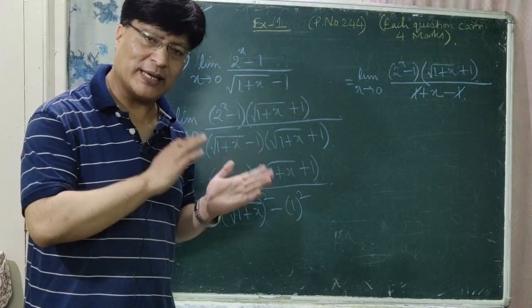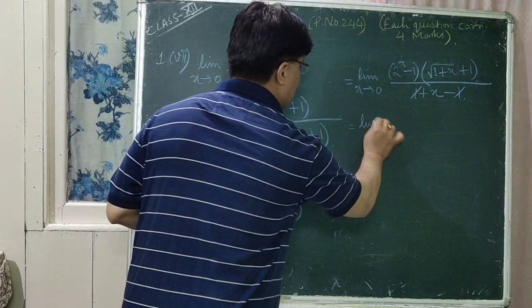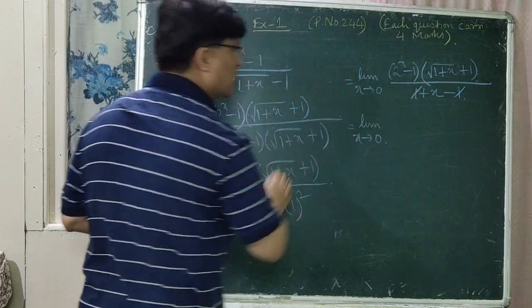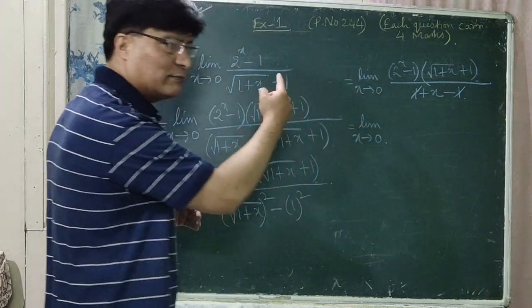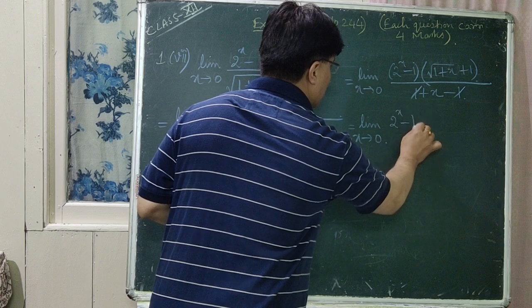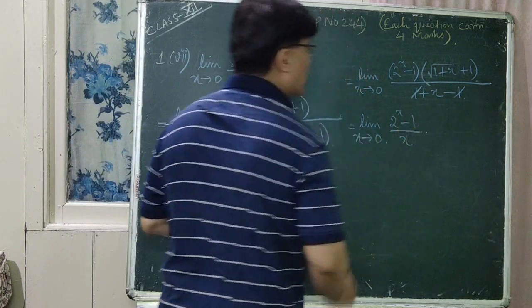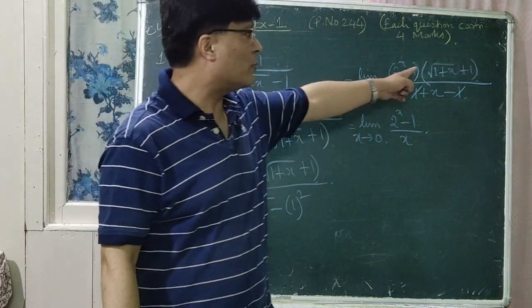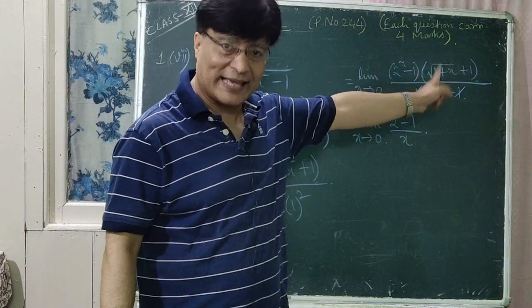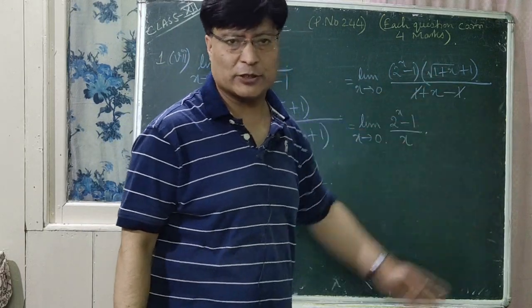Okay, so that we can convert it into a standard form. So it is equal to limit x tends to 0. Now this x is written below 2 to the power x minus 1. So it is 2 to the power x minus 1 whole divided by x into, since this root over 1 plus x plus 1 contains x, variable x, you can write limit for this expression also.